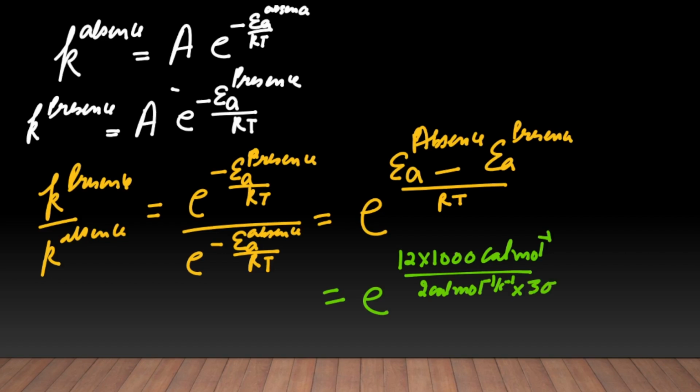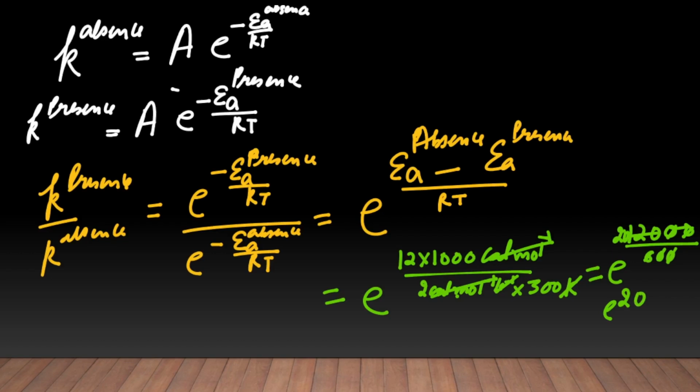The Kelvin cancels out, and calories per mole cancels out. It becomes e raised to the power of 12,000 upon 600, which becomes 20. So we are getting e raised to the power of 20.